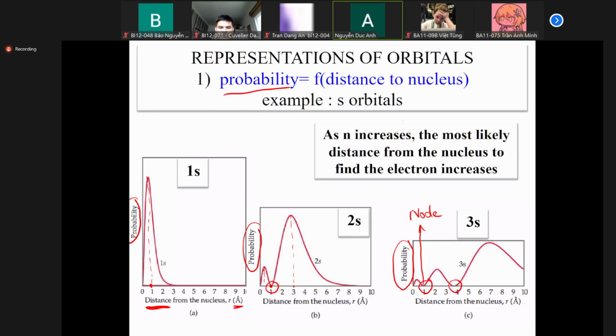So for 2s you have 1 node, and for 3s you have 2 nodes. You see a spherical shell from 3s, but at this position you cannot find the electrons.